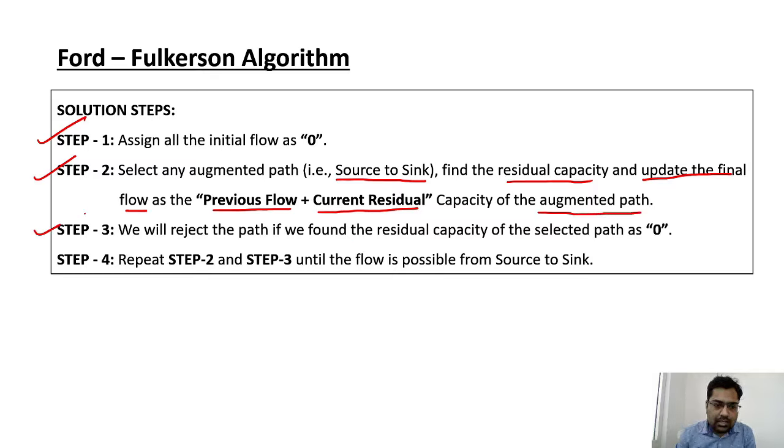Next, step 3, we will reset the path if the residual capacity of the selected path is 0. Think of a class: a teacher teaching you knows well how much assignment to give so that people will understand.